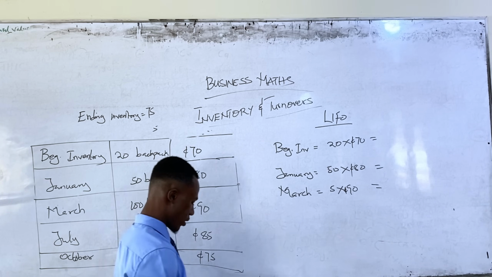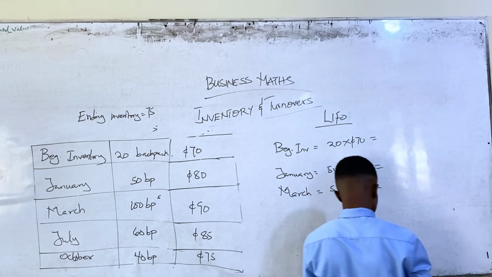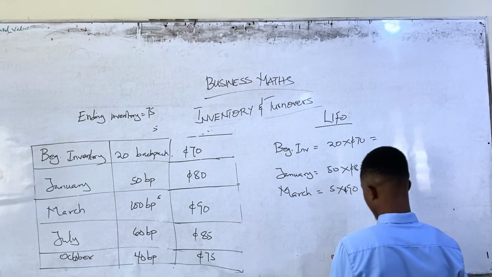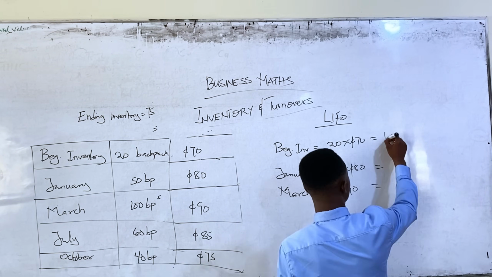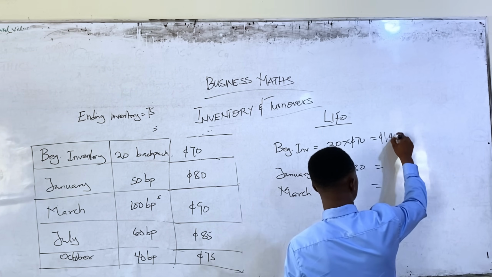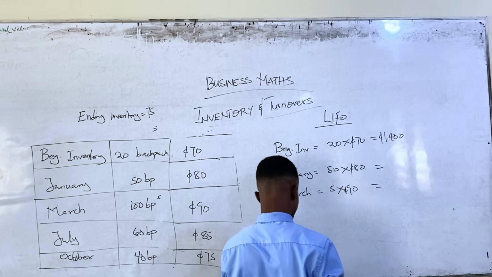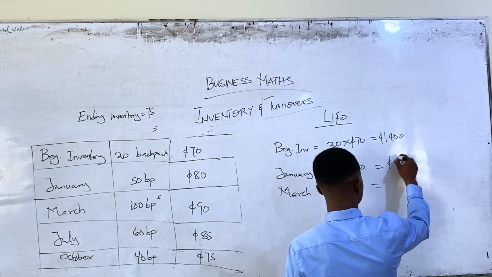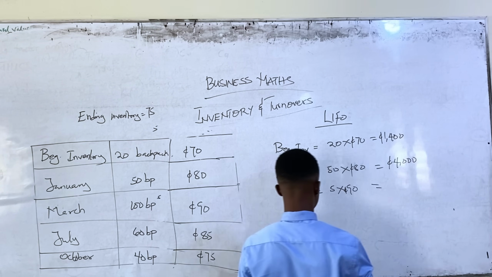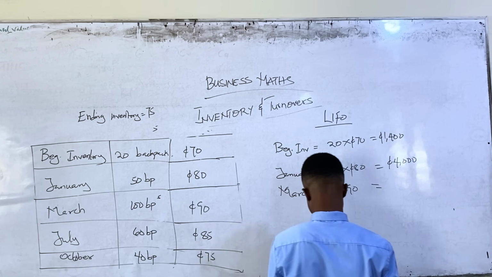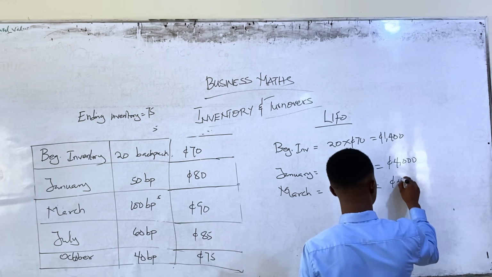So what do we have? We have 20 times 70, which is giving us 1,400. We have 50 times 80, which is giving us 4,000. And we have 5 times 90, which is giving us 450.